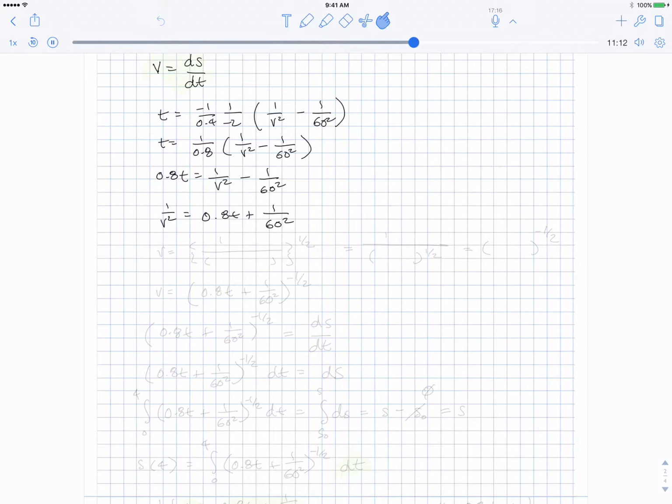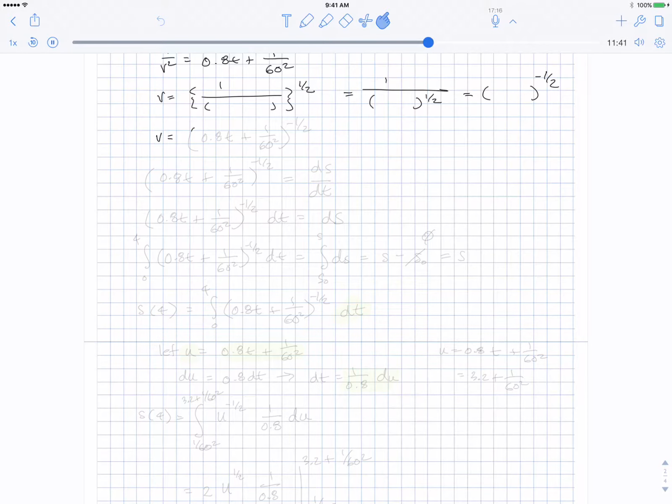Or you flip that and take the square root, you get v equals 1 over all that stuff, square root, and that's the same as all that stuff to the minus 1/2 power. So all that stuff being 0.8t plus 1 over 60 squared to the minus 1/2 power. Okay, so there we have v.